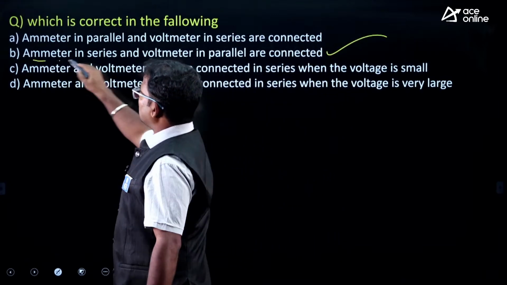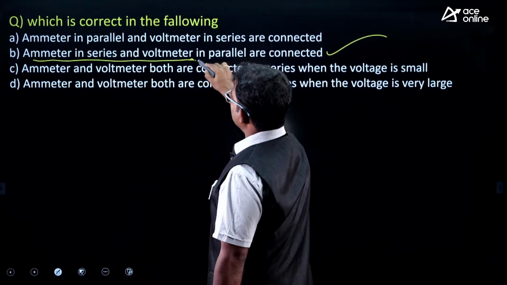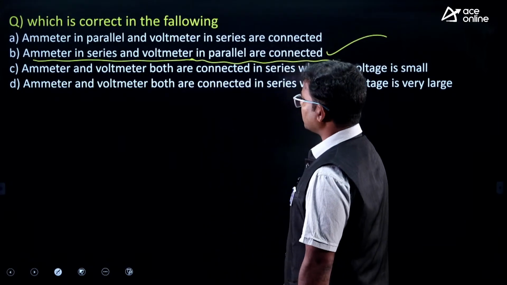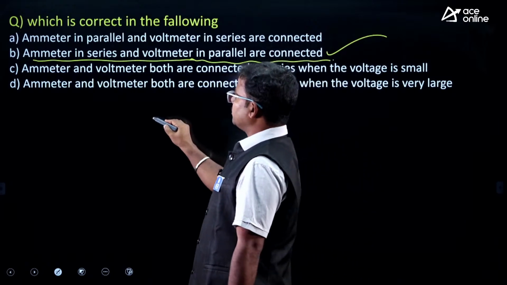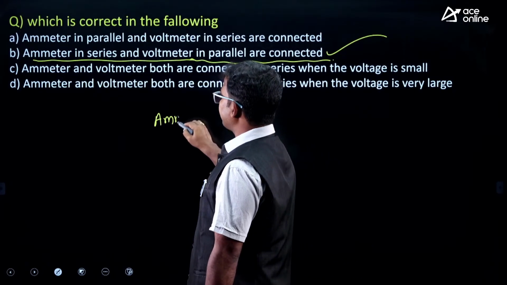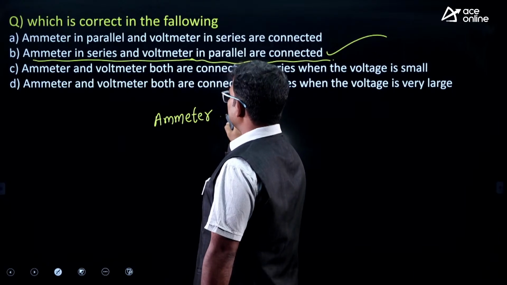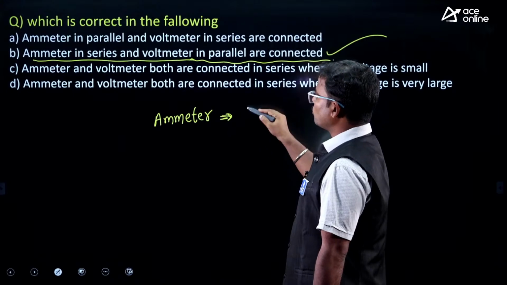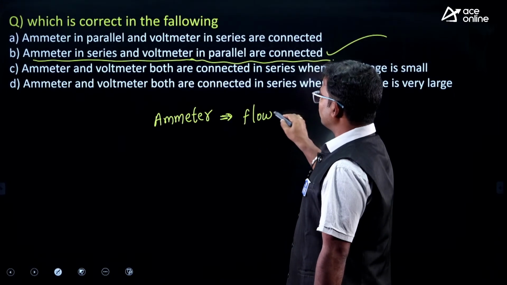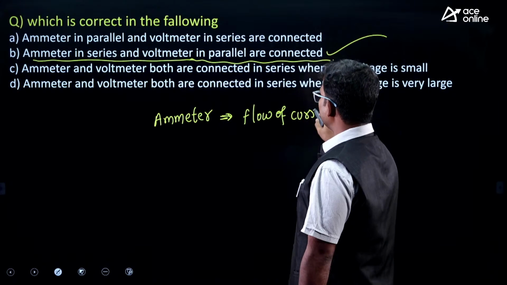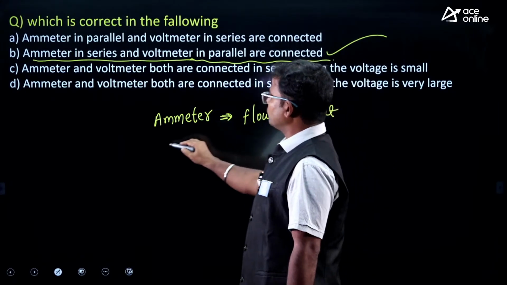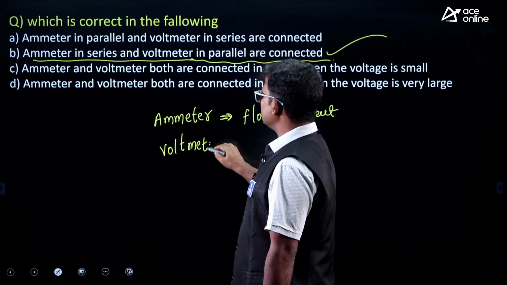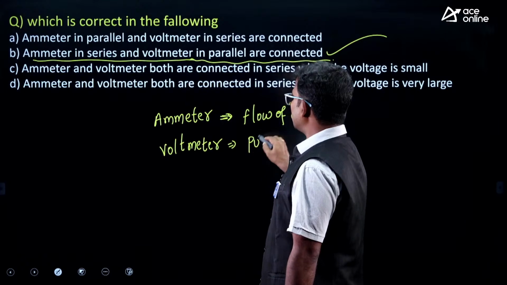Okay. So ammeter is in series, next voltmeter is always connected in parallel. So what is the advantage of ammeter? Ammeter can be used to measure the flow of current. Next, what about voltmeter? Voltmeter can be used to measure the potential difference.